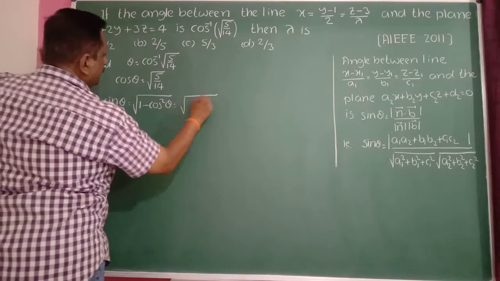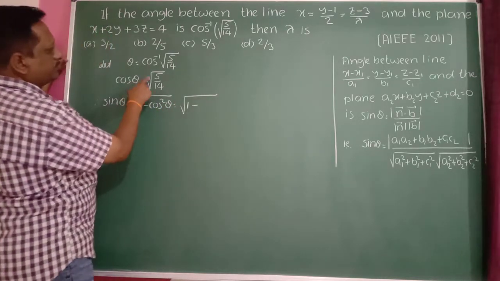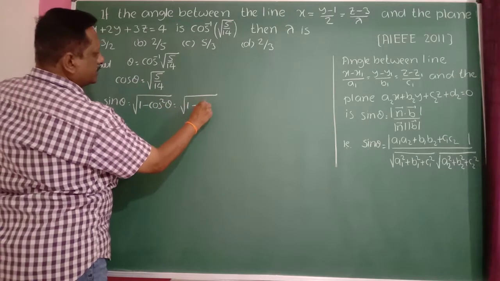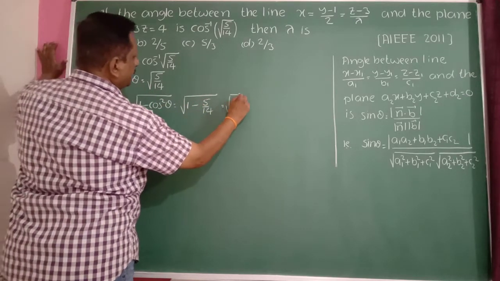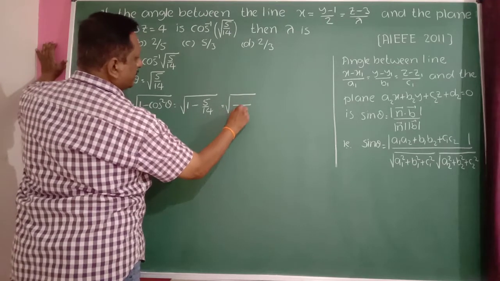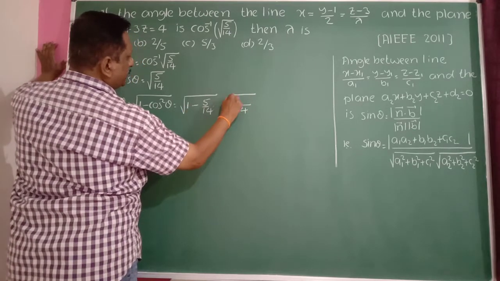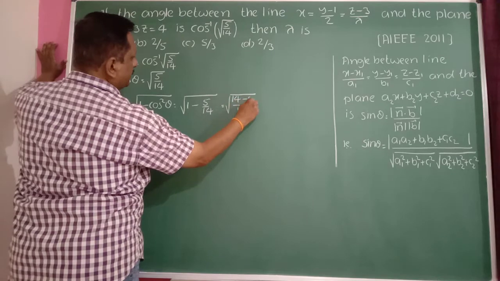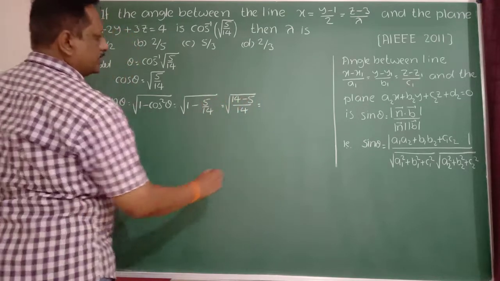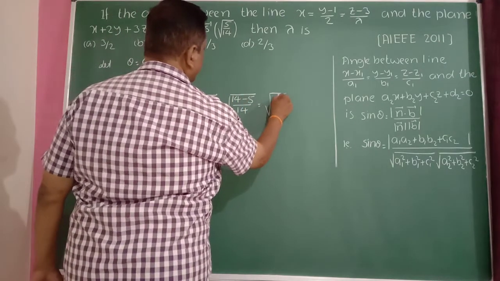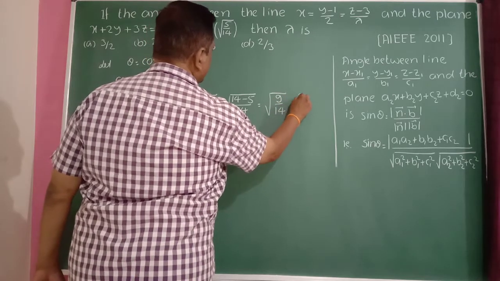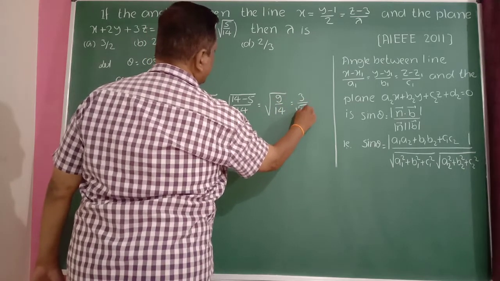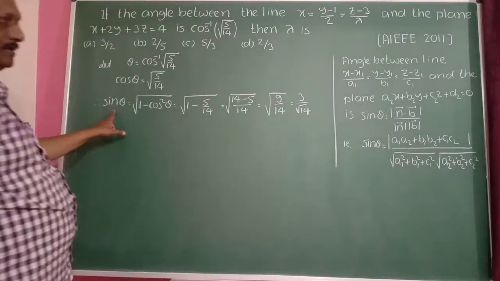Root of 1 minus cos square, the root and square cancel, so 1 minus 5 by 14. 14 is the LCM here: 14 minus 5 gives root of 9 divided by 14, that is 3 divided by root of 14.